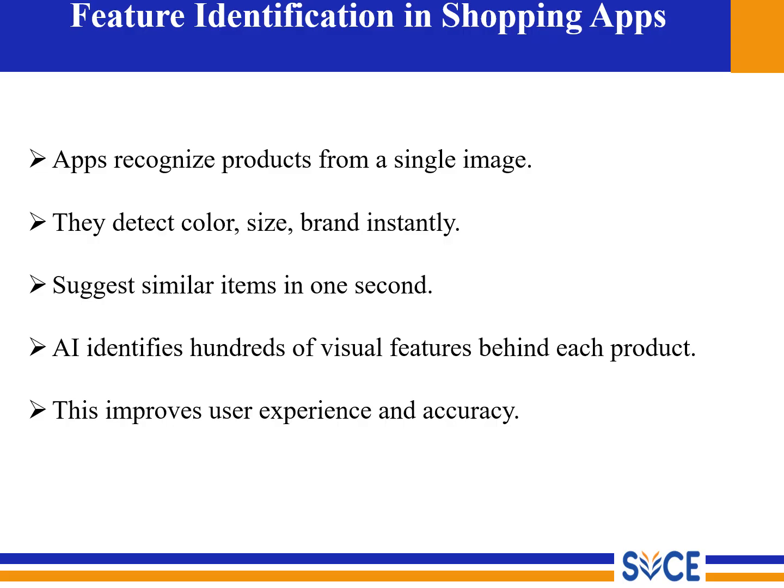AI models analyze hundreds of features to make accurate predictions. This improves the recommendation system and enhances the user experience. Explainability helps us understand how these features influence the final output. So this improves the user experience and accuracy.